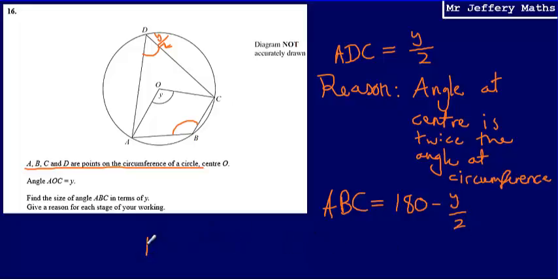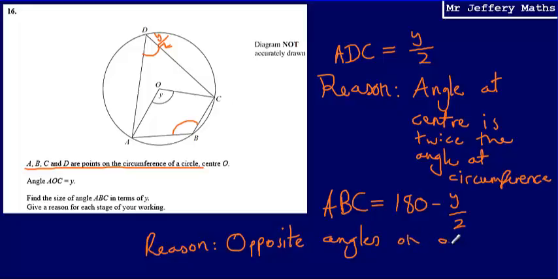And our reason for that is that opposite angles on a cyclic quadrilateral sum to 180 degrees. So final answer here, angle ABC is equal to 180 minus Y over 2.